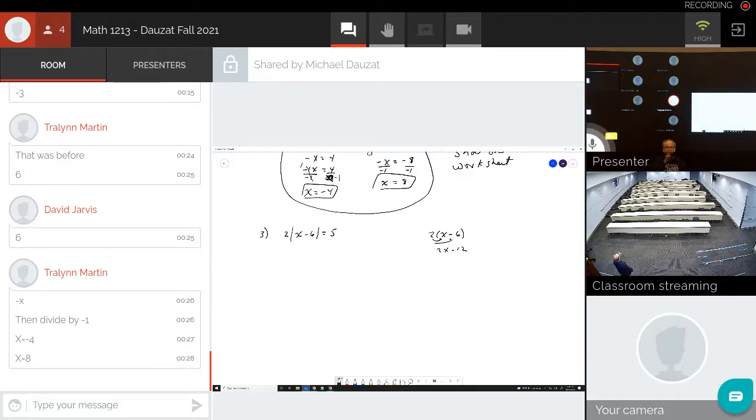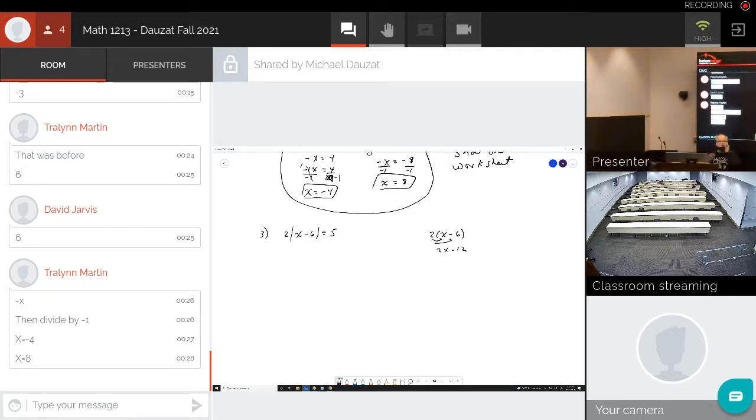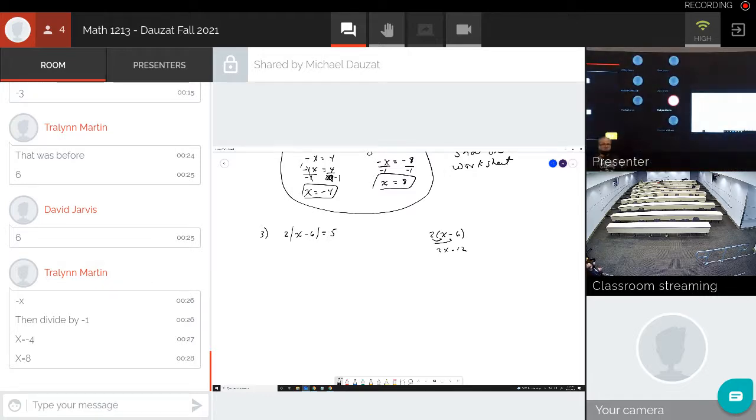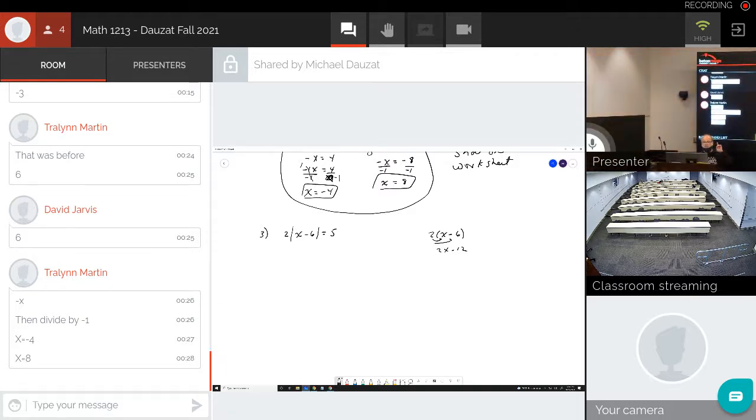You cannot always distribute with absolute value bars, so you got to be careful. If this was a -2 in front, you wouldn't want to do that. I'm just letting you know, if this was a -2, don't make the mistake and distribute. Now I will do it both ways.